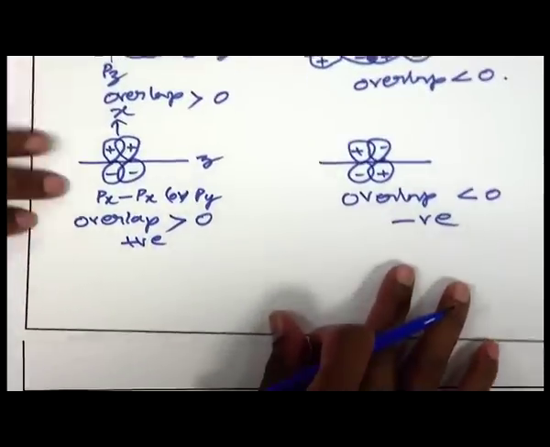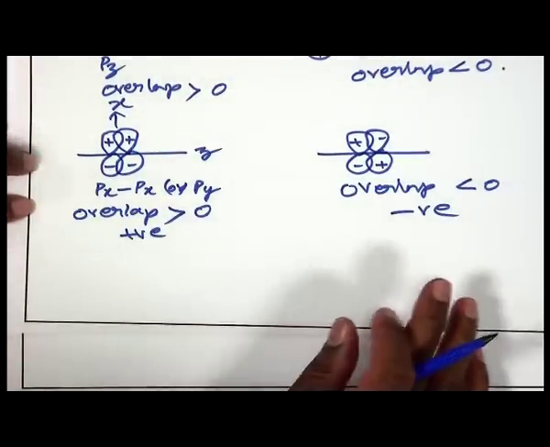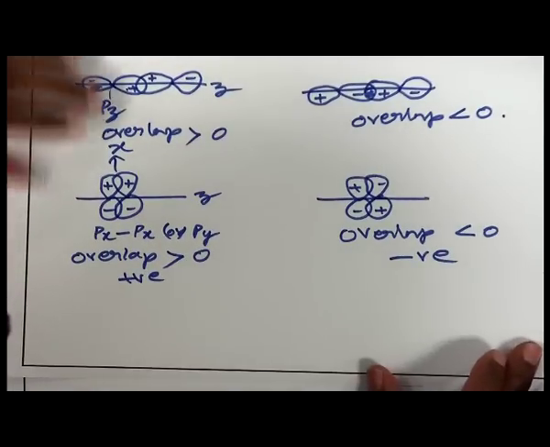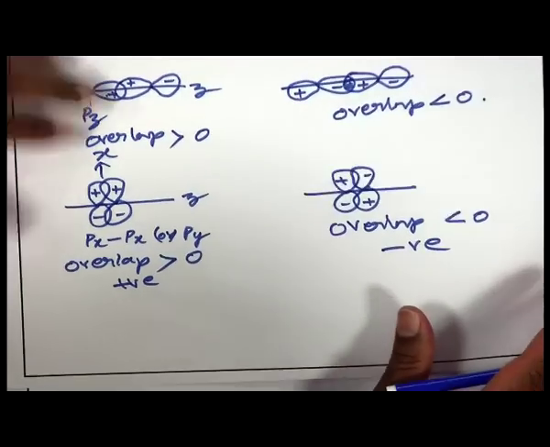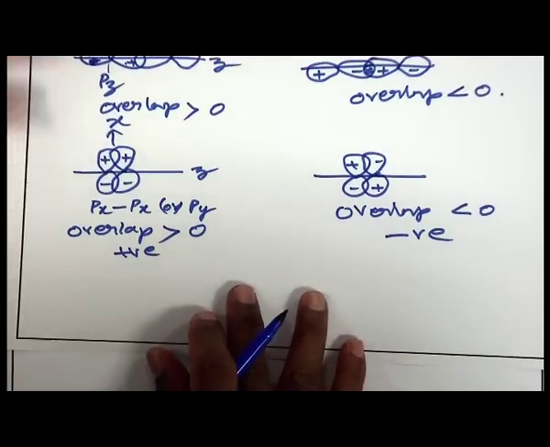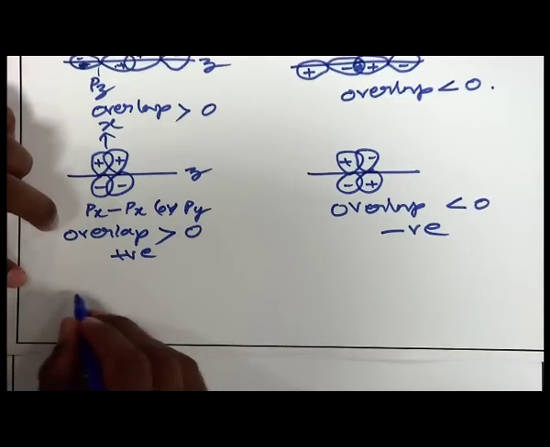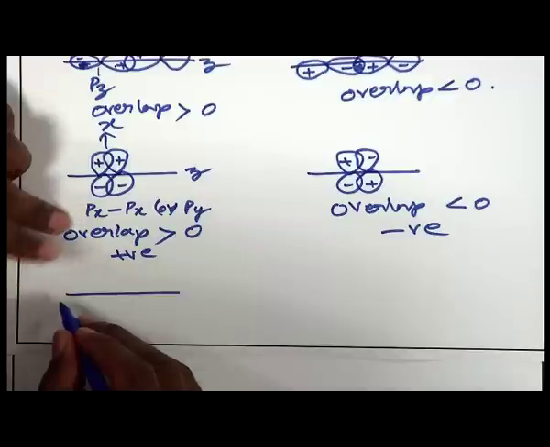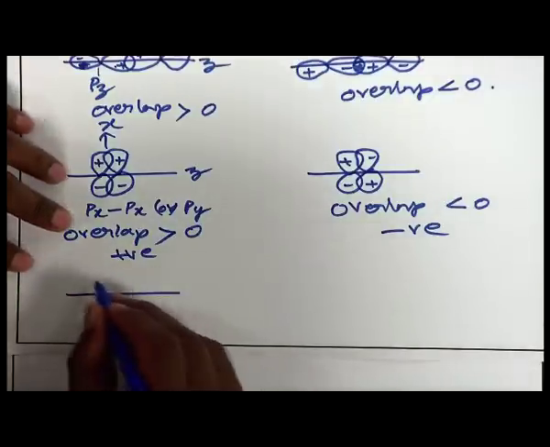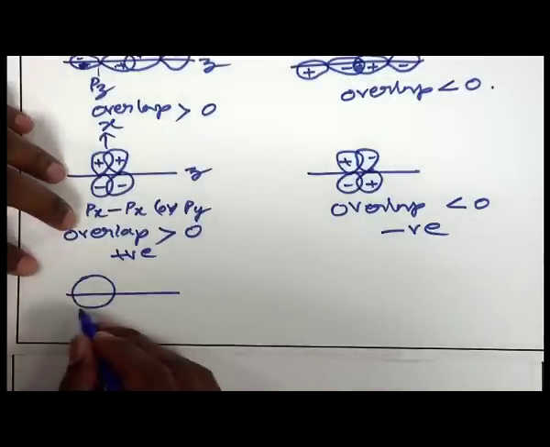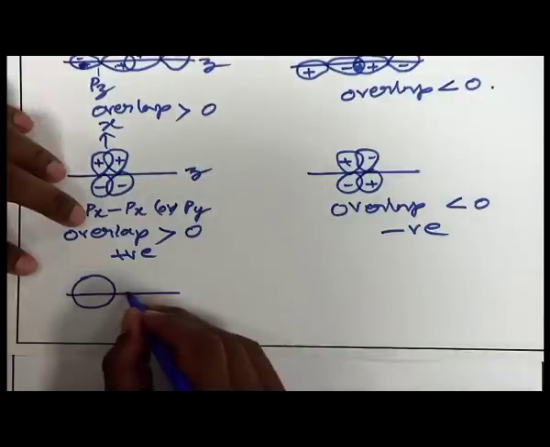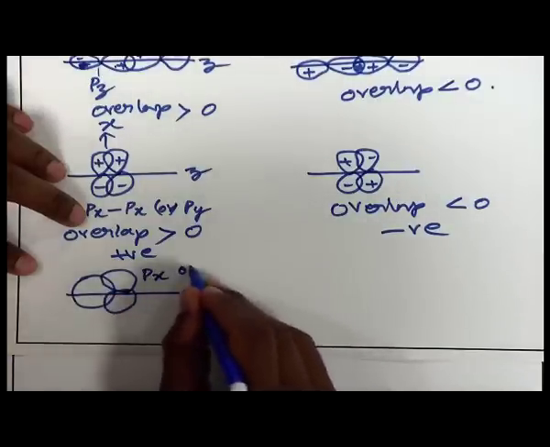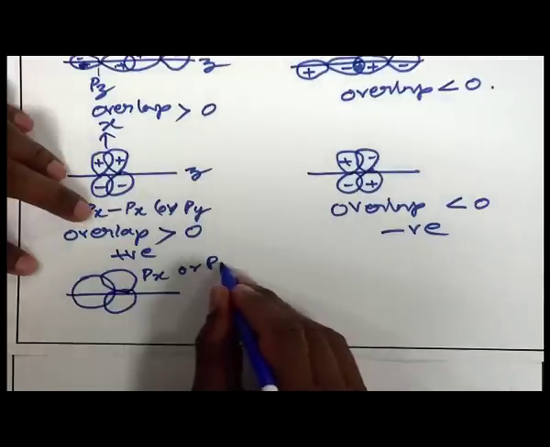Now, we have seen overlap integral greater than 0, less than 0, and which situations are for 0 overlap. If you take an s orbital, this is one axis, and then you draw an s orbital combining with a px or py orbital.